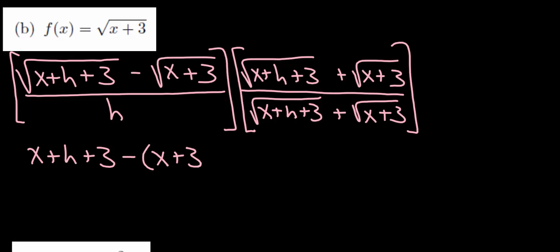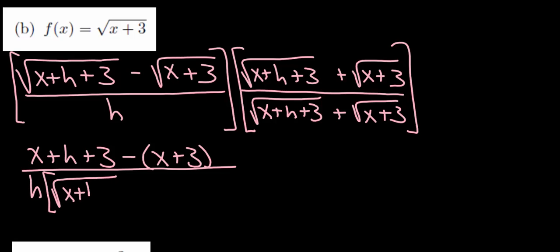Be careful to put the whole x plus 3 inside the parentheses. Okay? Because the minus is in front of the whole thing. And then we get h times, there we go.